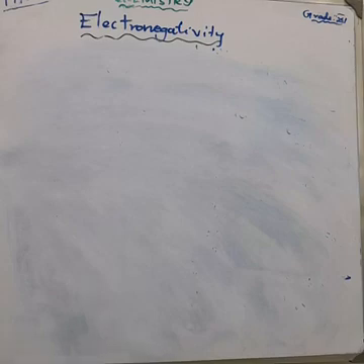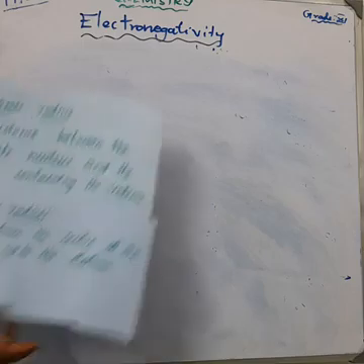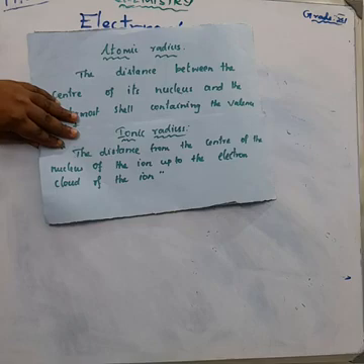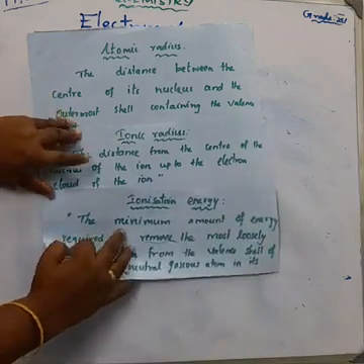Okay, that's all about the periodic trends in properties, the physical properties of the elements along the periods and groups, which we studied clearly. Let me recall once whatever periodic properties we studied: atomic radius, ionic radius, ionization energy, electron affinity and electronegativity.